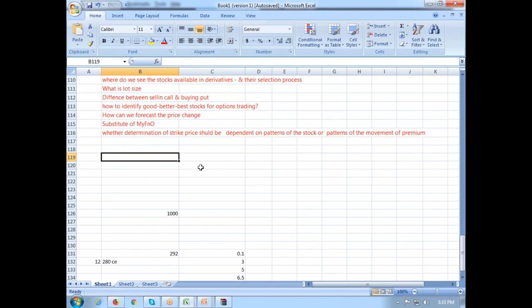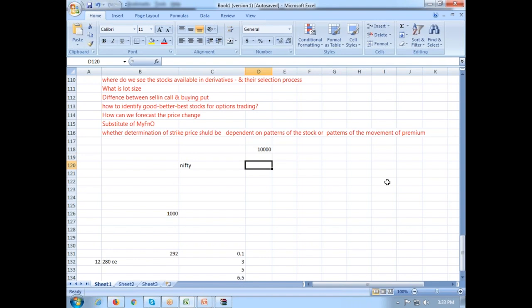To give you an example, right now Nifty is, let's say, 10,000. Right now Nifty is running at 10,000.